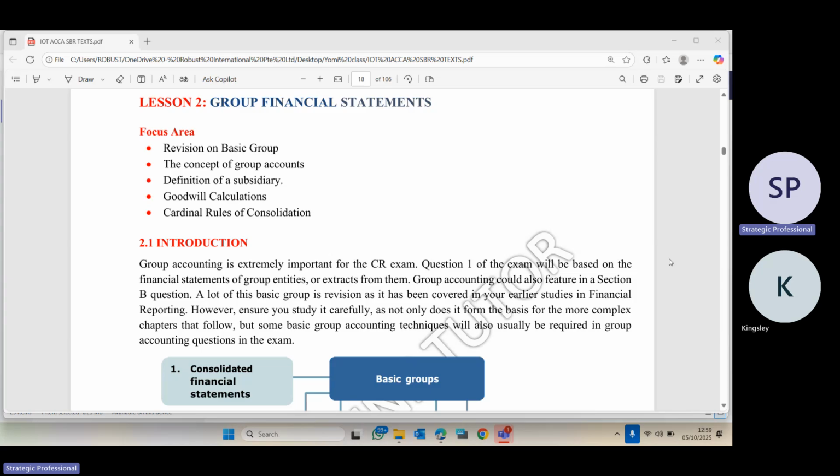We are really looking at the section D aspect of the syllabus, which is the financial statement of an organization.